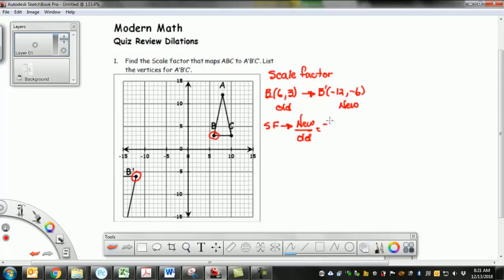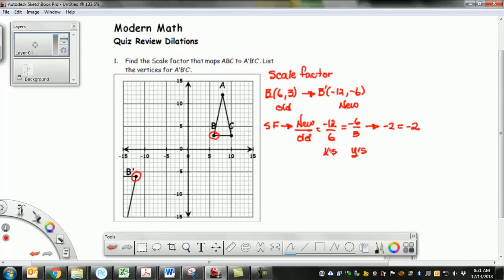So the new image has an x value of -12. The old image, B, has an x value of 6. For the y value, B' has a -6, and B, the old image, has 3. Because they come from the origin, they still give you a measurement. It's the length of those sides, so to speak, how far they are away from the origin.